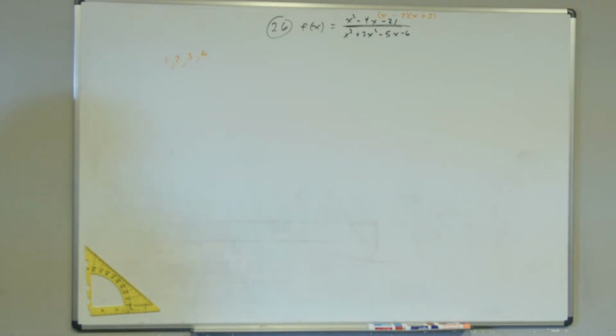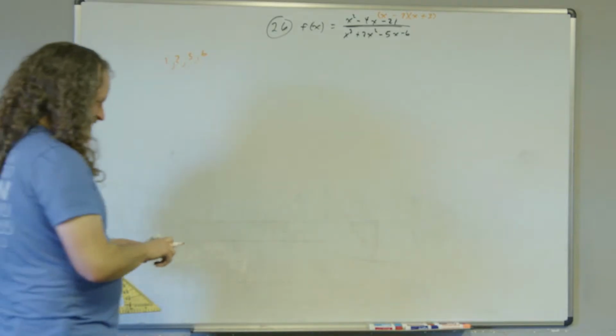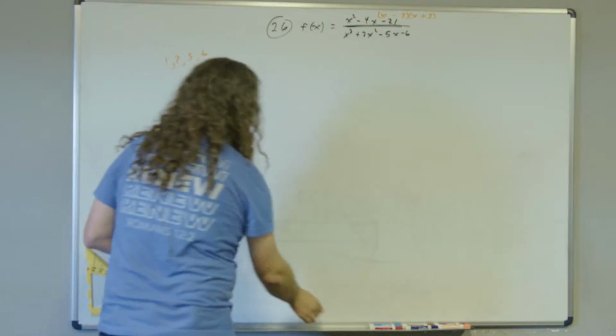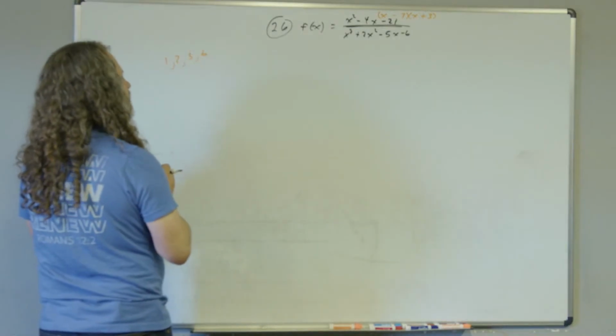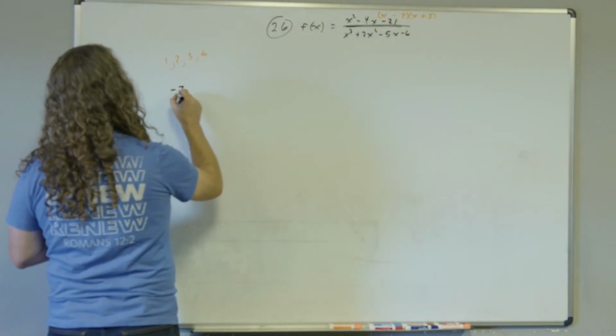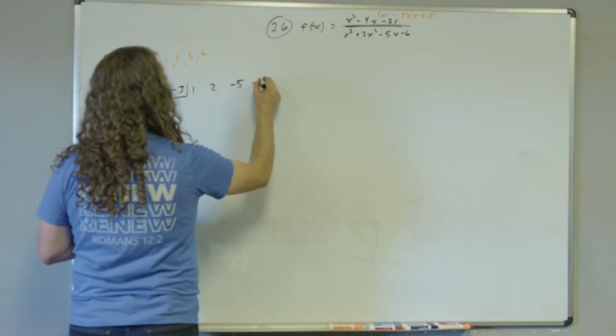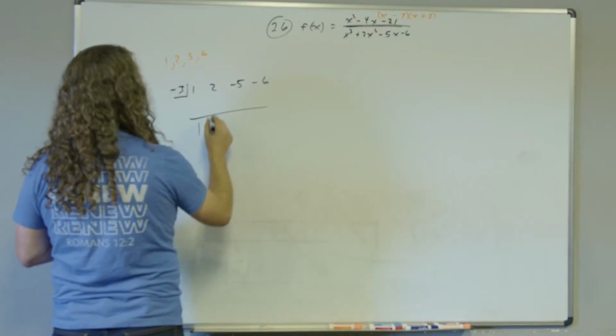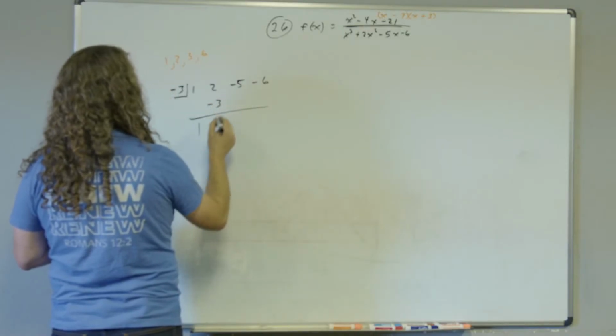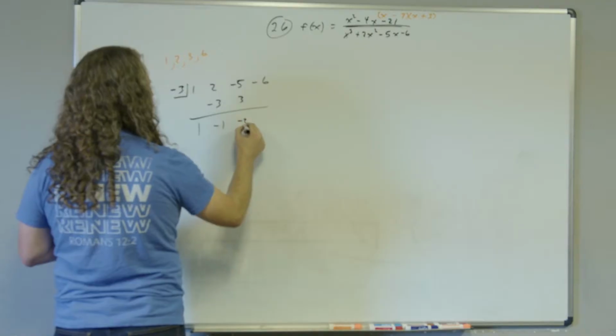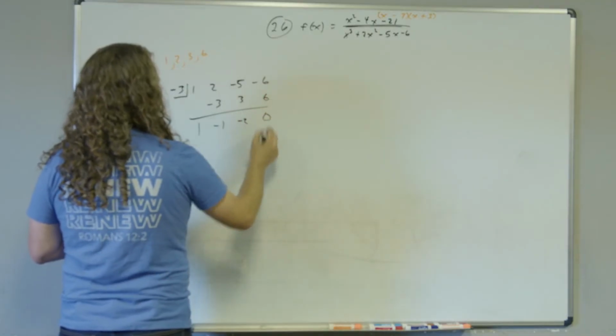Which one is it? It's -3. Great. See if it works. See if you're right. 1, 2, -5, -6. We're in the 1, -3, -1, +3, -2, 6. You were right.